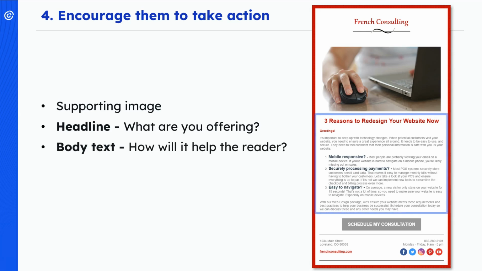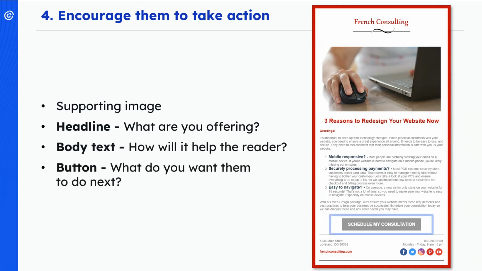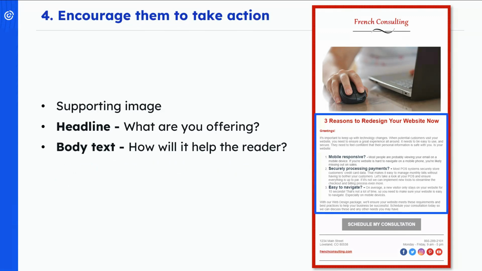Next, you need to add a headline that describes what you're offering. Underneath that, your message body should explain how it will help your reader. You typically only need about 3 to 5 sentences that give your subscribers the information they need to take that action.